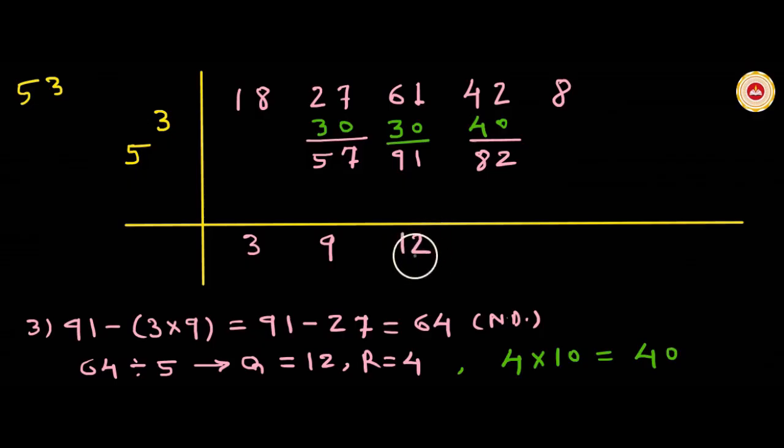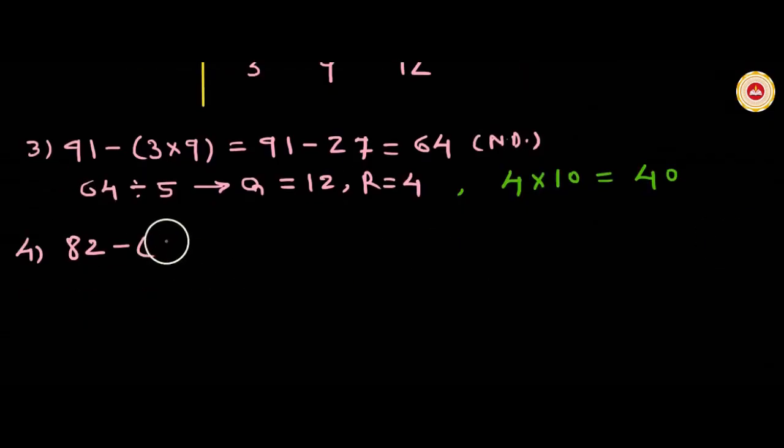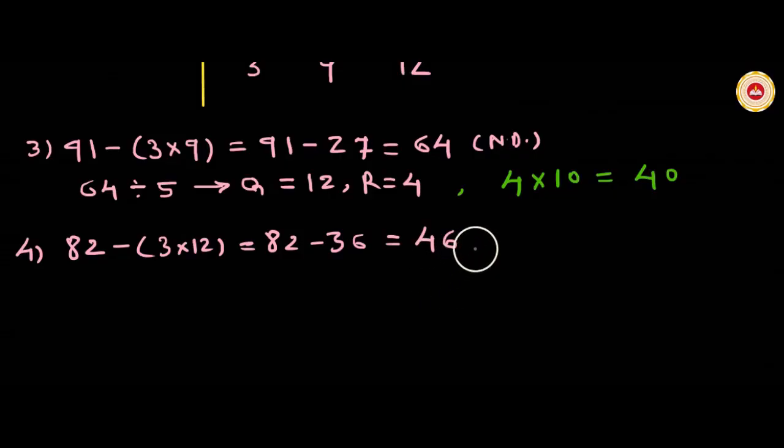There are actually two digits. 3 multiplied by 12. How much? 82 minus 12 threes are 36, equal to 82 minus 30, 52. 52 minus 6, 46. Now 46 is net dividend.